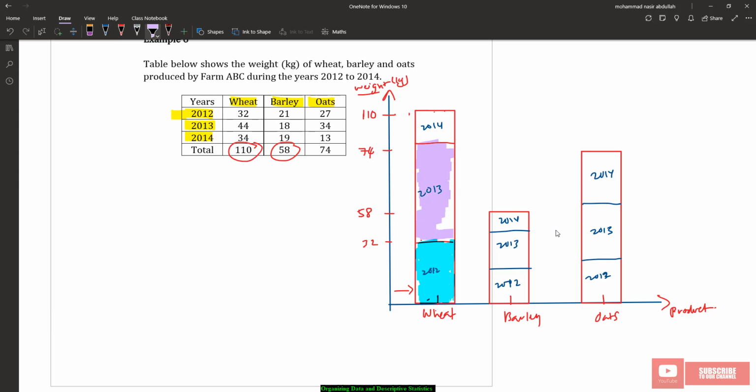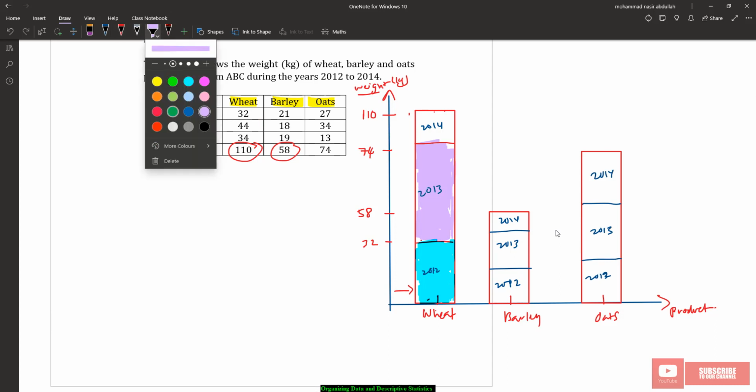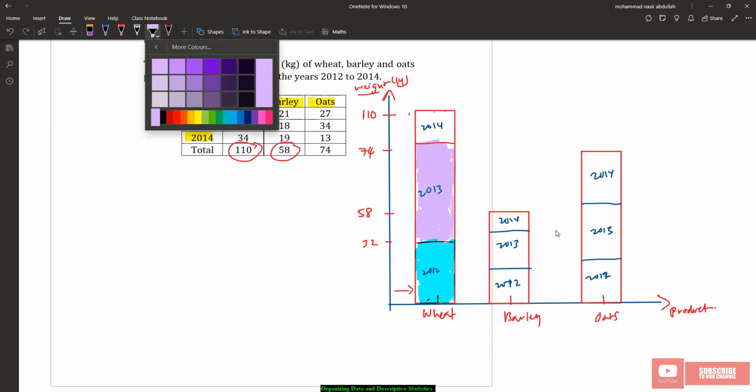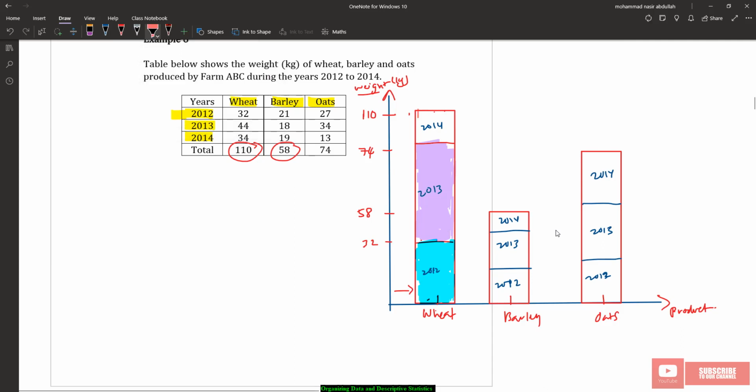You color it nicely. And for 2014, let's say we use red. Red is not nice either. Okay, this red is okay. Alright. Okay.